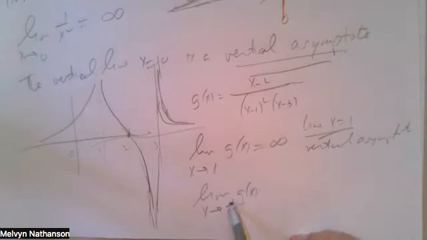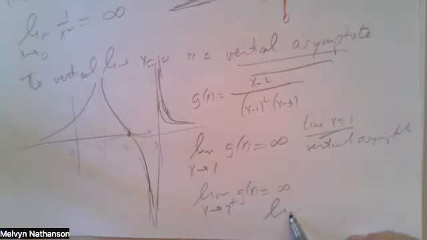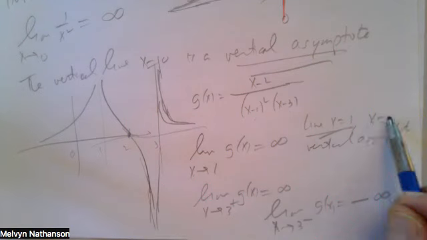As you approach 3 from the right, this limit is infinity. As x approaches 3 from the left, you're going down to minus infinity. And the line x equal 3 is also a vertical asymptote for this function. So these are one-sided infinite limits.